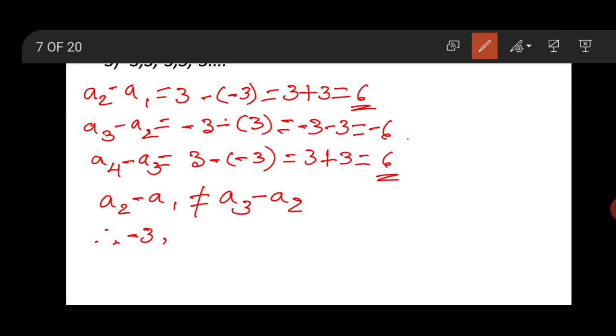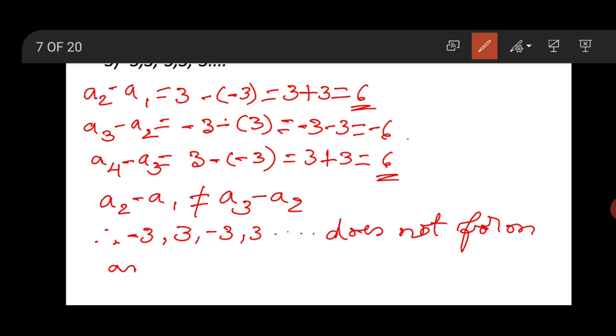Minus 3, 3, minus 3, 3, and so on, does not form an AP. Now, you need not find the next two terms, because we can't write the next two terms. Why? Because they are not in AP.